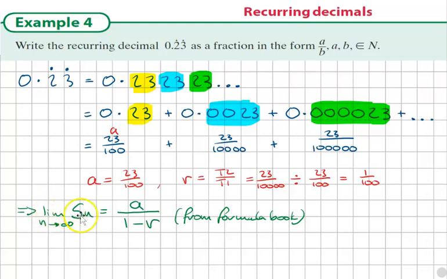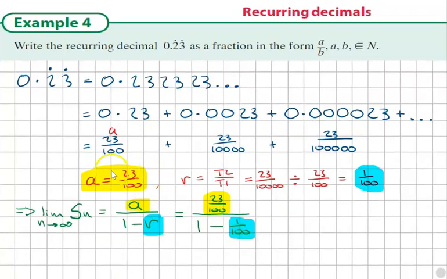So the limit of Sn as n approaches infinity is equal to a over 1 minus r. So this is from our formula book, so no need to learn it off. So a is 23 over 100, so we replace the a, our numerator, with 23 over 100. And the r we know is 1 over 100, so we replace the r with 1 over 100.